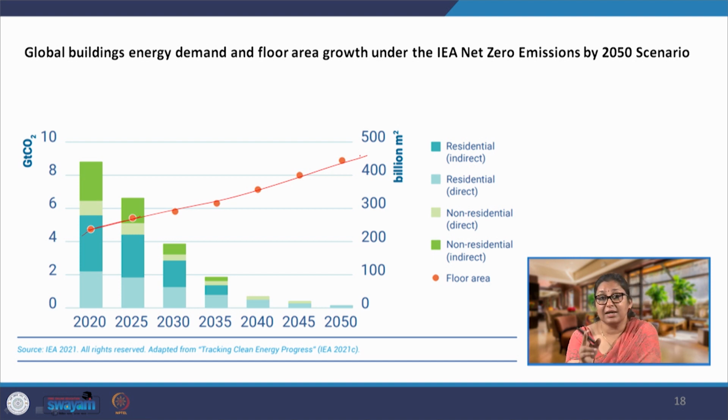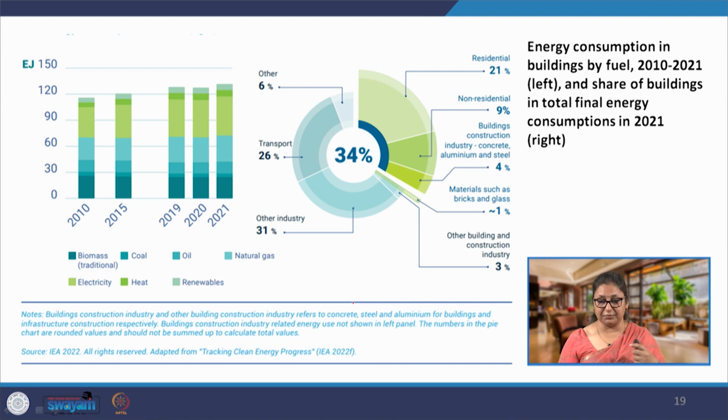But with the help of efficient materials and technology and also the use, the intent is to bring down the intensity, the energy demand of the buildings. This will be the most ideal scenario if we really want to achieve net zero emissions by 2050. For that we will have to bring down the energy consumption and emissions from the buildings significantly.